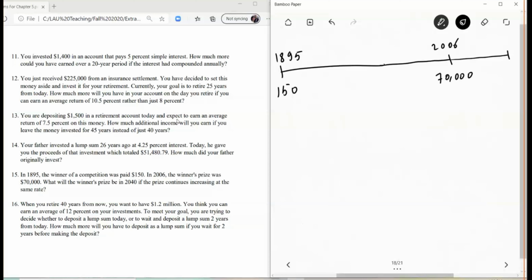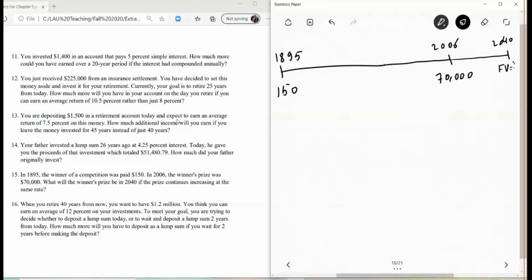So this is year 2040. I need to determine the value of the prize, so I need to determine that future value. Now here we are assuming that the prize is increasing at a constant rate over time.